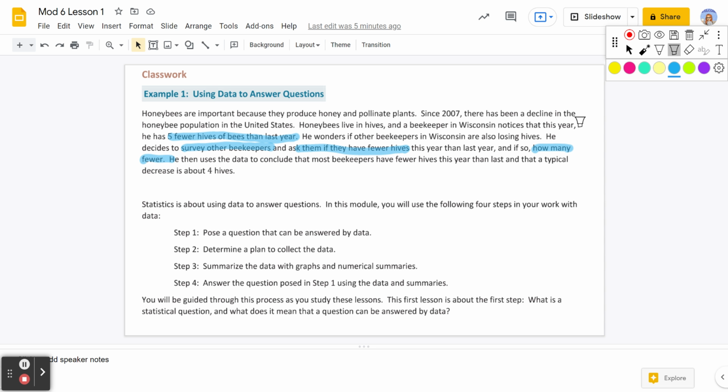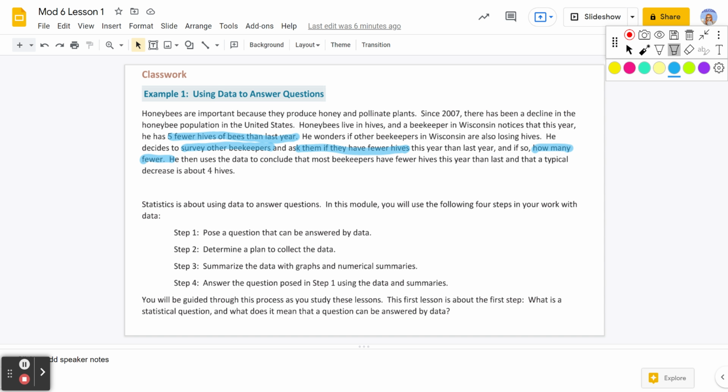We talked about how he might have been part of a group, maybe on Facebook, on Instagram, or through some kind of email with other beekeepers in Wisconsin. So he could electronically survey them and find out about their hives. He gets his data, and now he figured out they're losing hives, and he'll probably use that data now to try to figure out why they're losing hives.